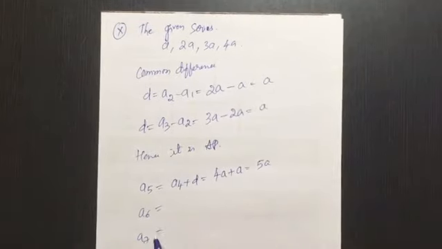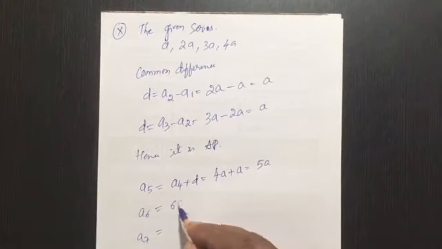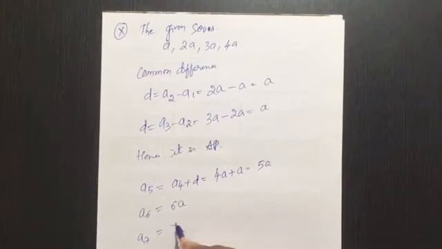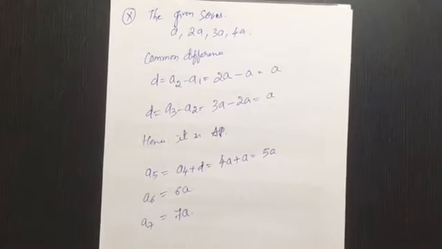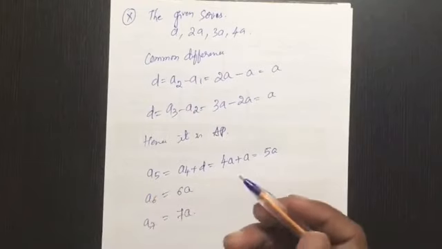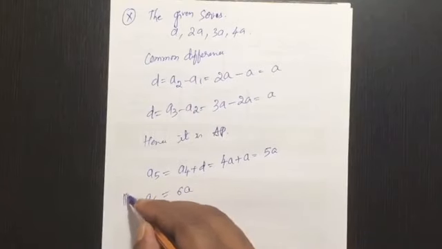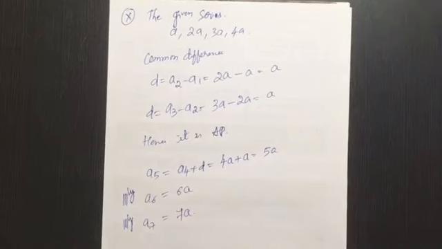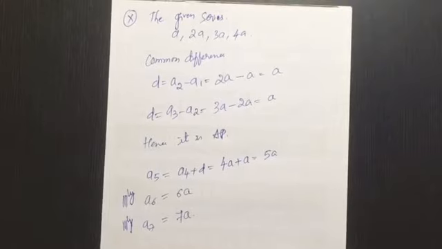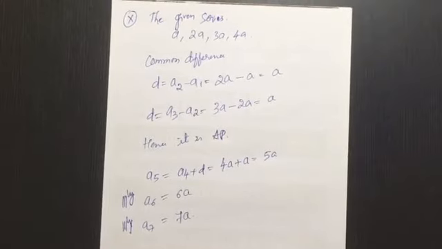A6 is 6A, A7 is 7A. So students, in the examinations, to reduce your time, you just go for similarly and similarly. It is a very useful method to reduce your time in the examinations.